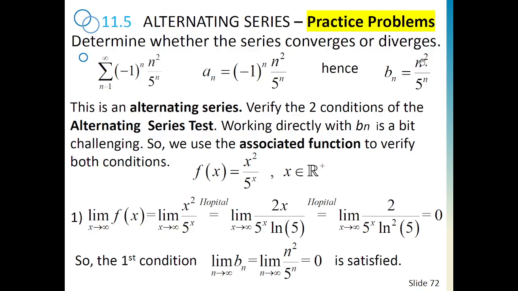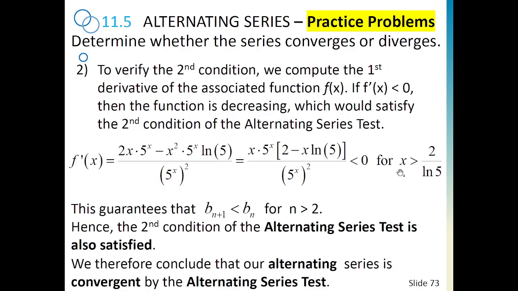Again, to check, we have an alternating series. To check the conditions, here it's not obvious, so we need to use the associated function and then use L'Hopital to compute the limit, and then compute the first derivative of this ugly expression here. If the derivative is negative, then the function is decreasing, which means these general terms are decreasing, which satisfies the second condition.